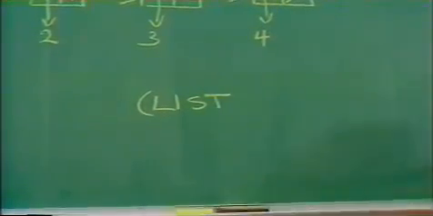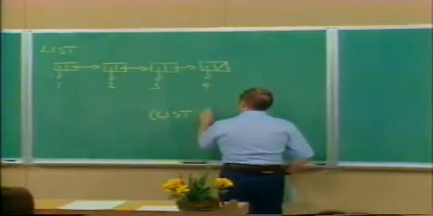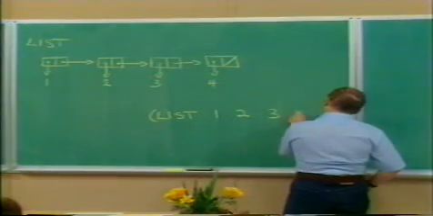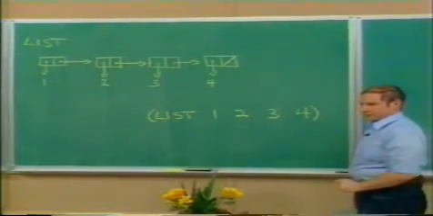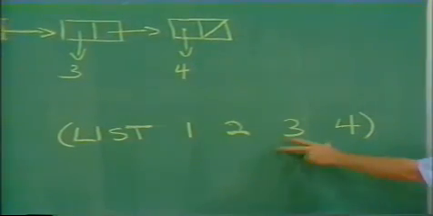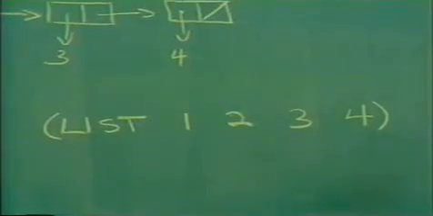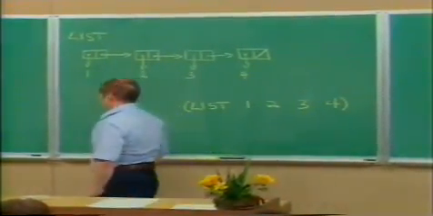And list is just an abbreviation for this nest of conses. So I could construct that by saying that is the list of 1, 2, 3, and 4. And this is another way, a piece of syntactic sugar, a more convenient way for writing that chain of conses: cons of cons of cons of cons onto nil.